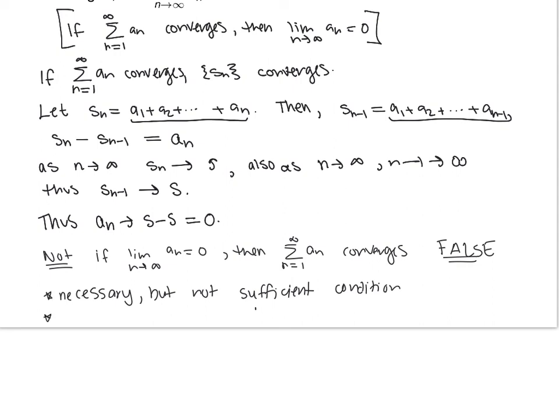And what that means in this case specifically is for a series to converge, the a sub n's, or the things you're adding, have to go to 0, but this alone does not imply convergence.